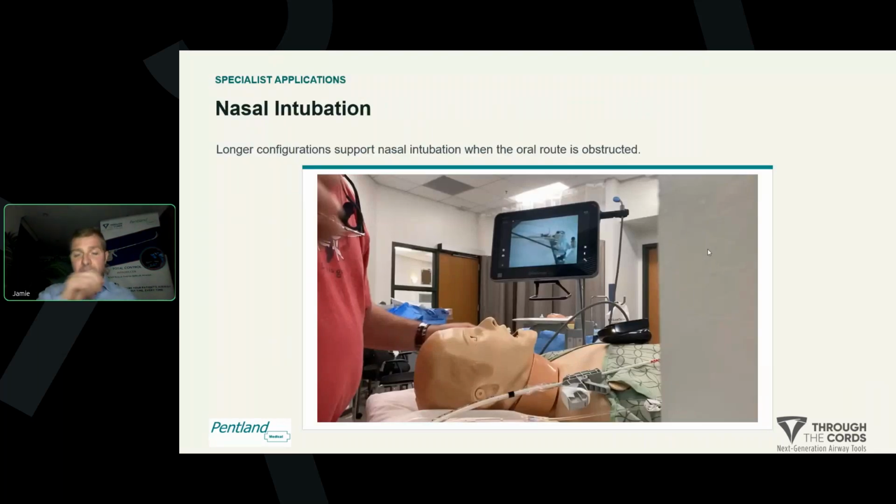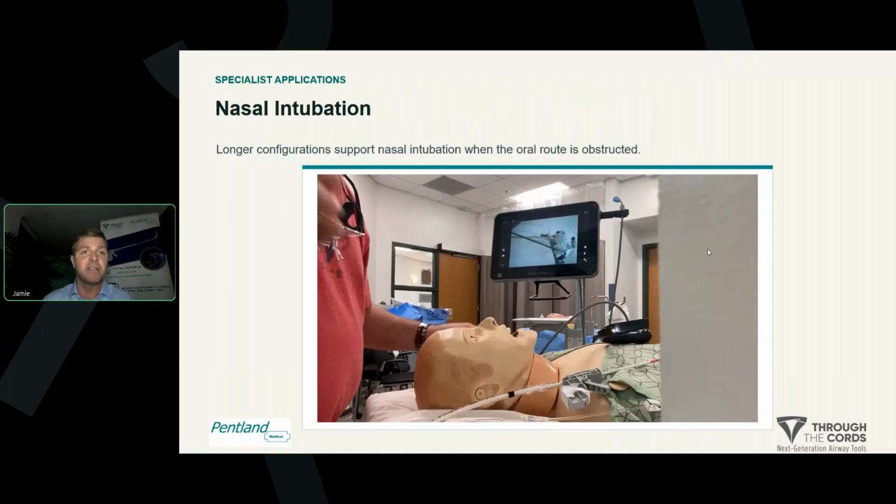So yeah, one thing that's generating a lot of interest when I go and do demonstrations around UK hospitals is the ability to perform nasal intubations. This is relevant when you're operating in the oral space, and it's still possible to get a good view with your video laryngoscope.